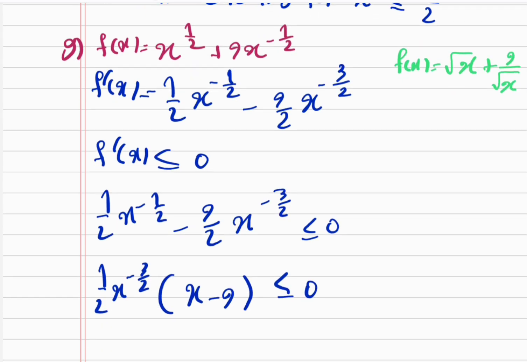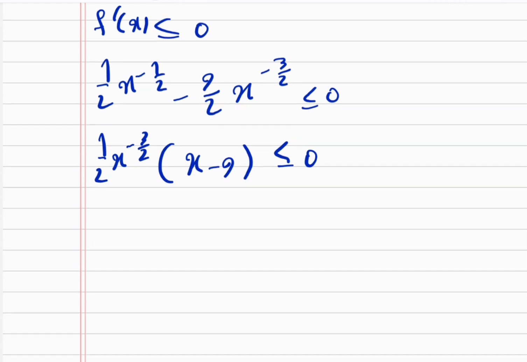The interesting thing about this function is that it is not defined for all the values of x. The domain is when x is positive, because you can't have square roots of negative numbers. So this is undefined for negative x values, and it is also undefined for 0, because you have this on the denominator. So that means the domain of f of x is x greater than 0.